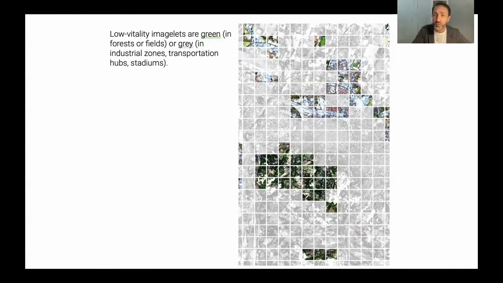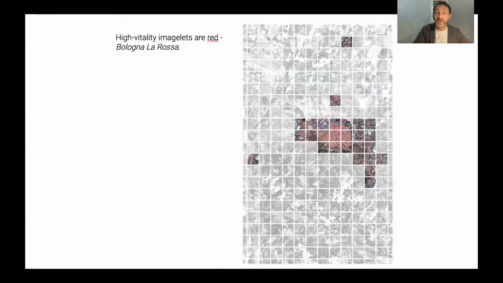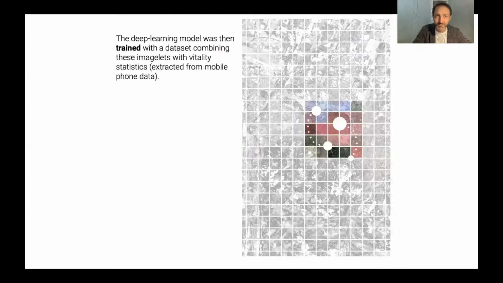Well, just to give you anecdotally the reason why we think it is a good idea, you can see that low vitality imagelets are green or gray: parks, forests, or gray, industrial zones, transportation hubs, stadiums. Whereas the super high vitality areas are red in Bologna. Indeed, Bologna city center and residential areas are called Bologna la Rossa, Bologna the red.